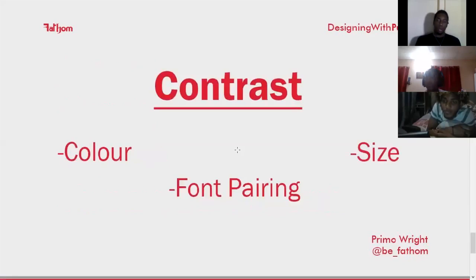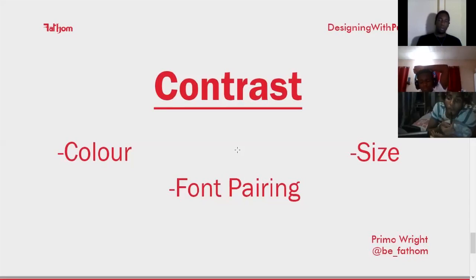One way we could use contrast is, as I said, through color. You make one image more saturated or one more desaturated, just to draw your eye a little bit more into your design. We're talking about size as well. With size, it's just making everything bigger or smaller to tell the difference between two subjects.